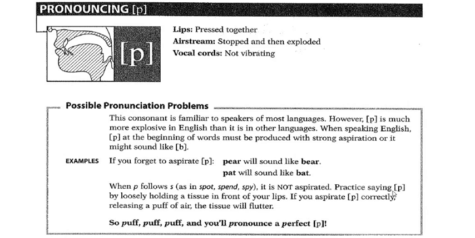Practice saying p by loosely holding a tissue in front of your lips. If you aspirate correctly, releasing a puff of air, the tissue will flutter or will move. So people, take a piece of paper right now, any paper, and put it in front of your mouth, okay?